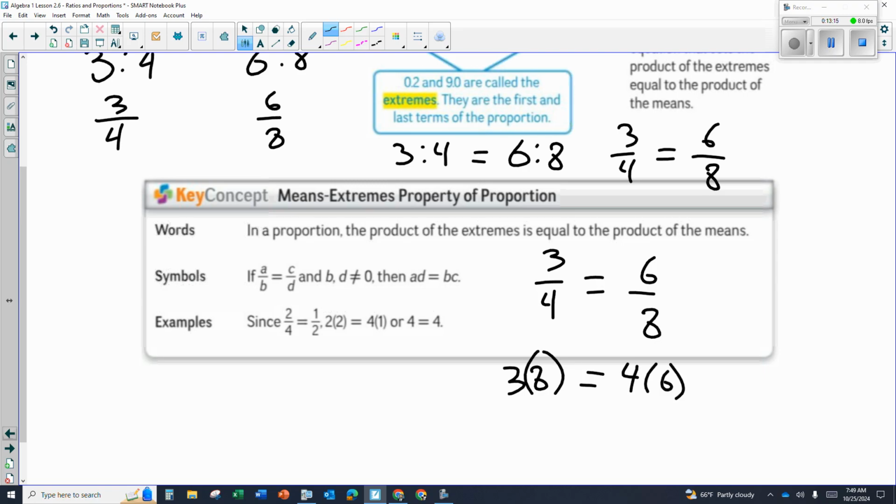Yes, it is, because 3 times 8 is 24, 4 times 6 is 24. When the cross products of a ratio are equal, then you have a proportion. So that's how we know. And just like with the example they have here, 2/4 equal to 1/2. Well, 2 times 2 is 4, 4 times 1 is 4 as well.